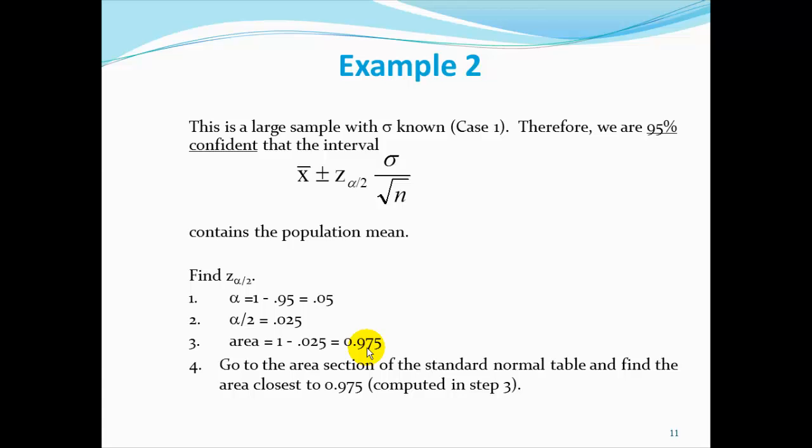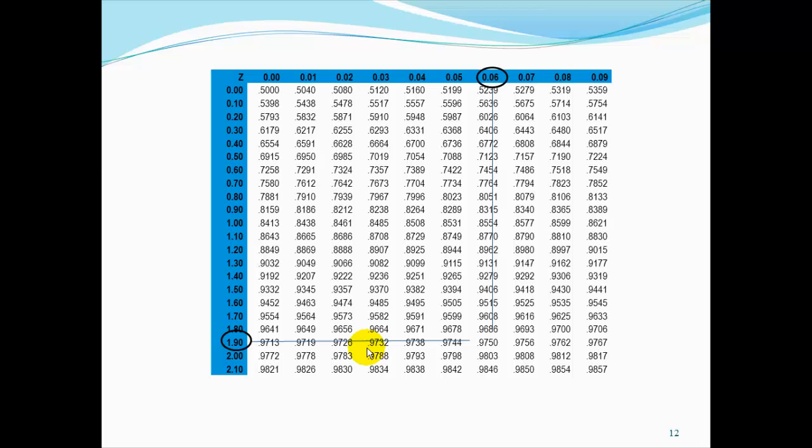0.975. When we go to the standard normal table, we find on this table 0.975 exactly, and it's in the row for 1.9 and the column for 0.06.